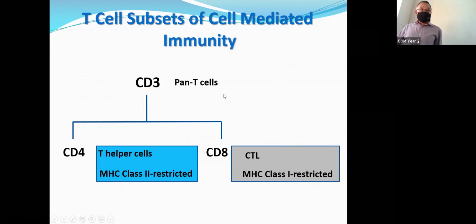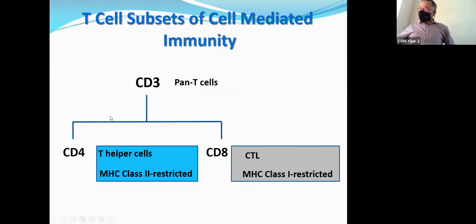Within the CD3 group, we have T helper cells, which express CD4, and cytotoxic T cells, which express CD8. Within the CD4 group, these T helper cells need to recognize antigen in the context of class 2 MHC, and cytotoxic T cells recognize antigen in the context of class 1 MHC.